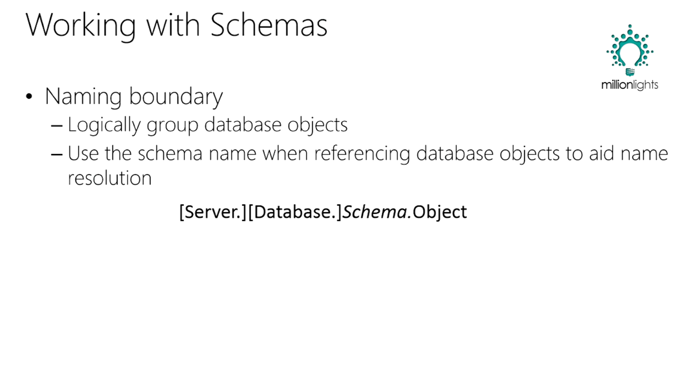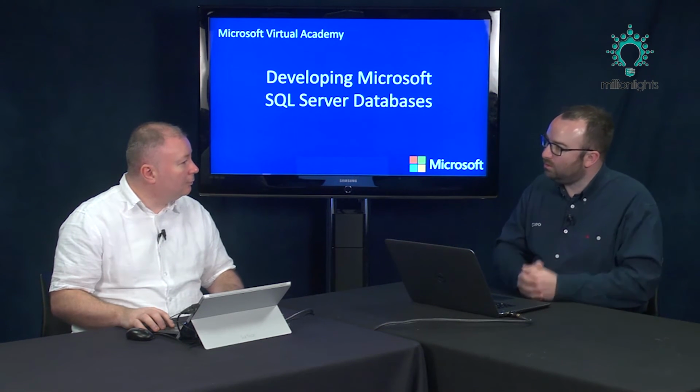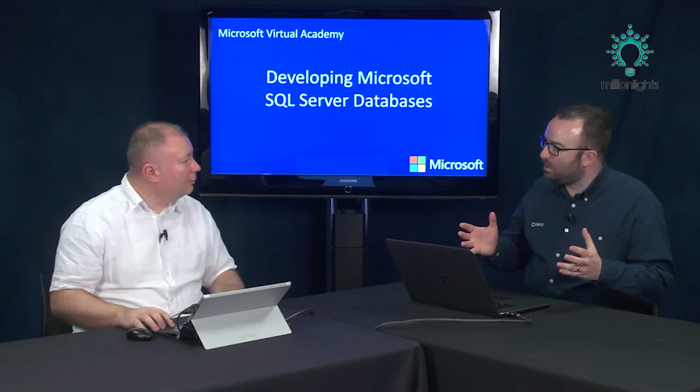And as you mentioned, Graeme, we would normally reference a schema and object because we're in the context of a database, in the context of a server. So you could specify the whole thing, but generally we would use a schema and object name. An interesting area where I've seen this used is a development schema and a production schema as a way of having naming boundaries.